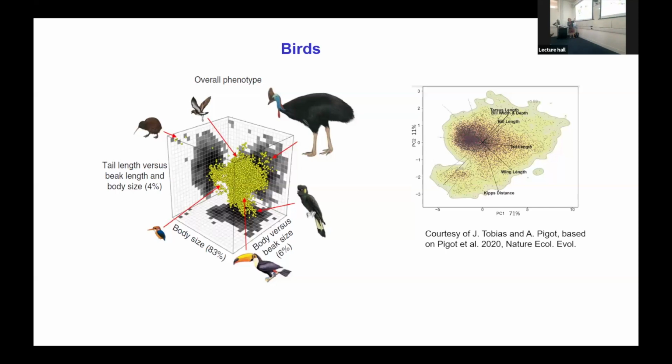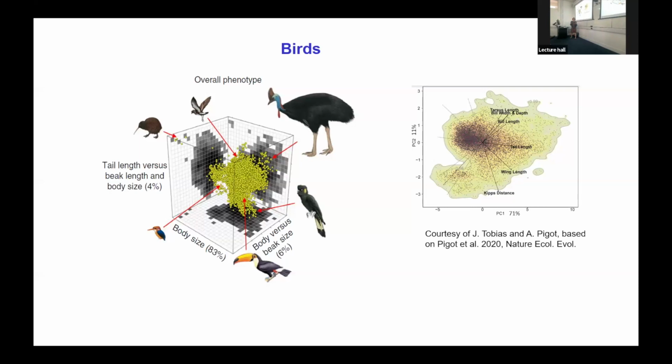So, for example, there is the pioneering work by Alice Bigot, Joseph Tobias and Helen Schert from the biology department with birds. They show that the global phenospace of birds can be captured by 4 dimensions, and more than 80% of the variation is captured by the first 2 axes.